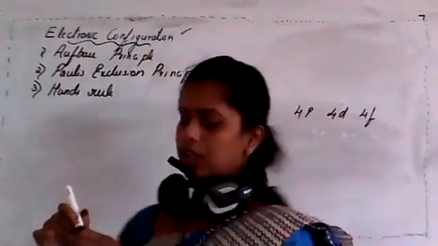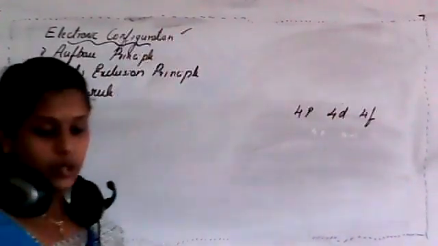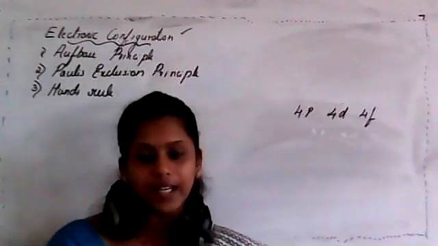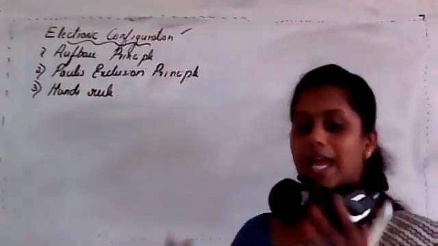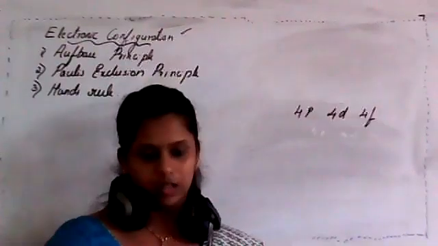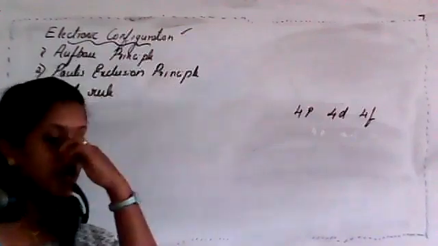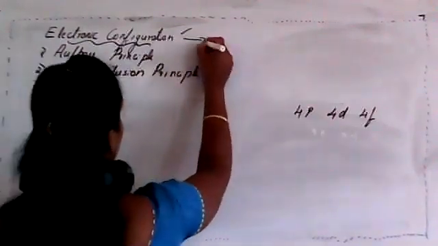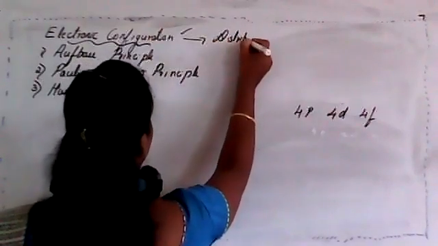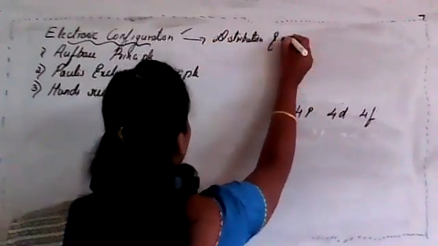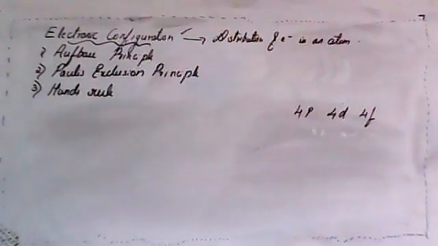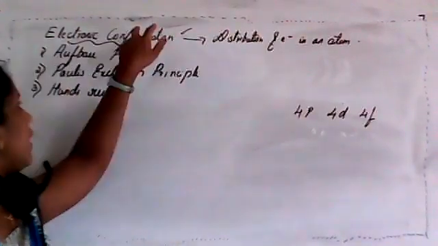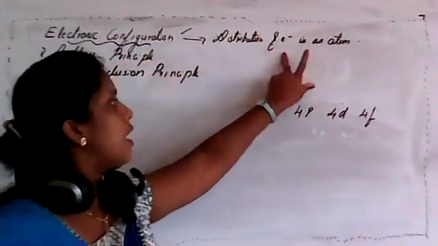The distribution of electrons into the orbitals of an atom is called electronic configuration. Is this clear, student? So electronic configuration is nothing but the distribution of electrons in an atom.